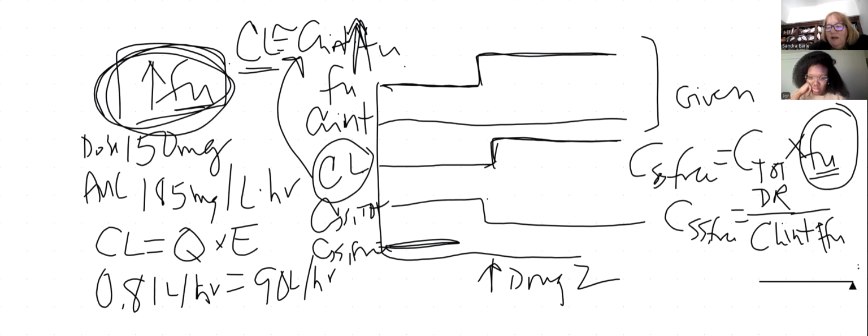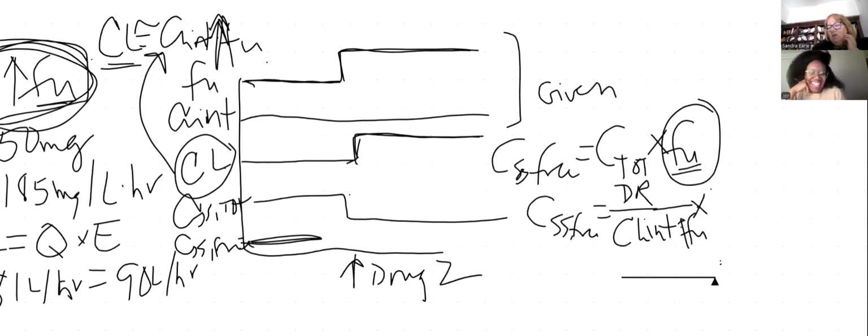But if we multiply by fraction unbound, which has increased, look, those two cancel, don't they?